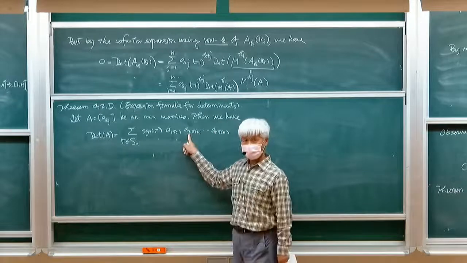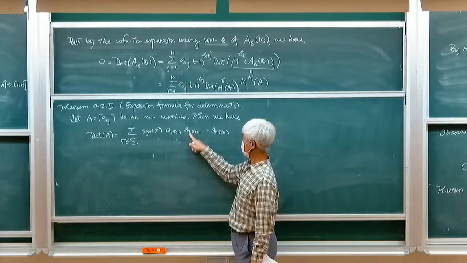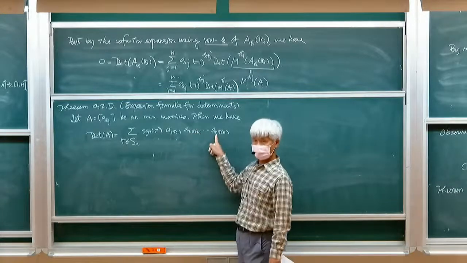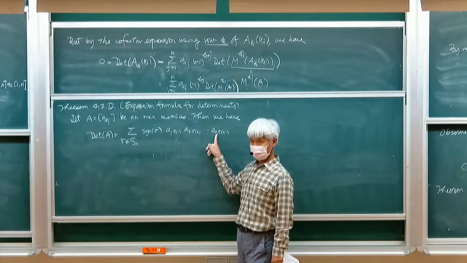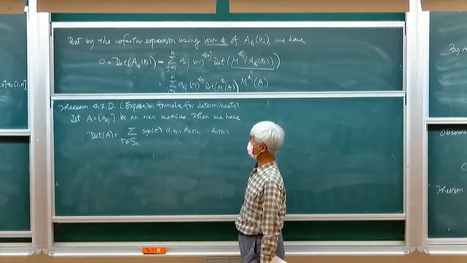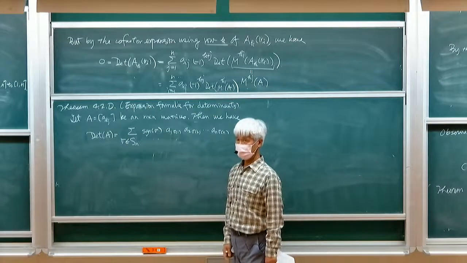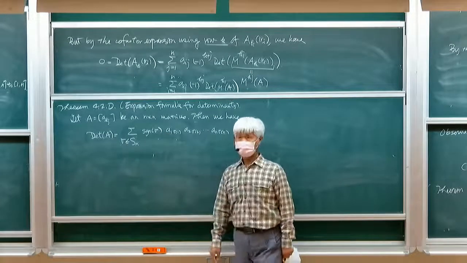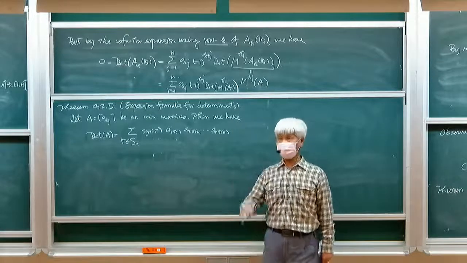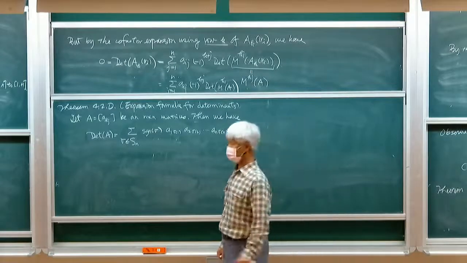In the second row, you select one entry corresponding to sigma(2), and so on, up to the entry in the nth row, A_{n,sigma(n)}. That's the expansion formula. Very neat, but the computation time is tremendous.